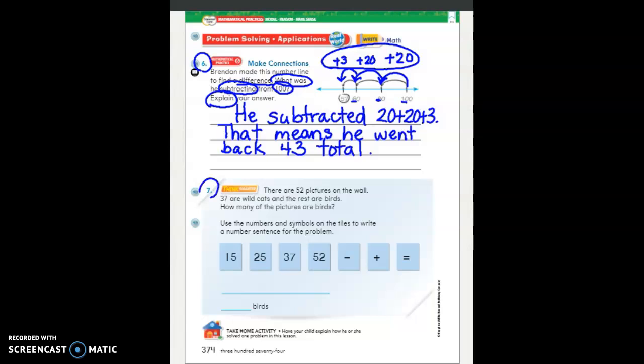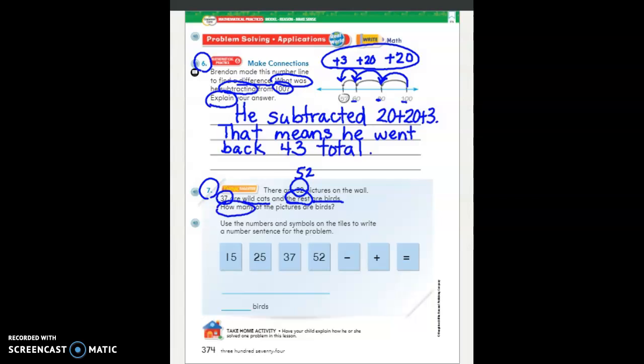Let's go on one more problem. We're looking at number 7. Think smarter. There are 52 pictures on a wall. 37 are wild cats. And the rest, anytime I see the rest, that's important. I'm going to put 52 above because my markers are kind of thick, are birds. Okay. How many of the pictures are birds?